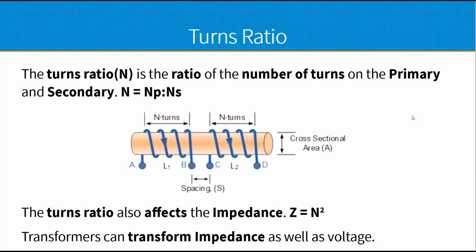Where that becomes important is if you're trying to do a matching transformer for an antenna, you need to know what the impedance transformation ratio is. So it's the square of the turns.